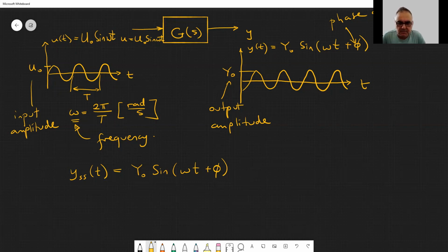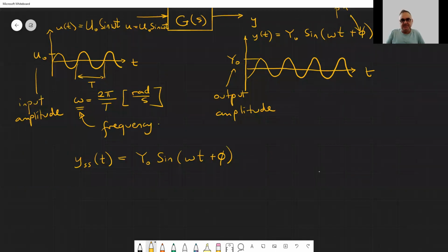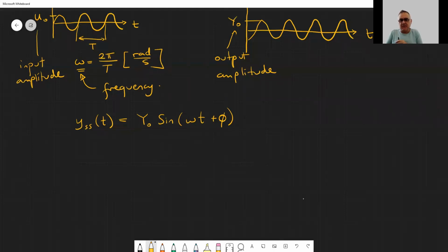Now this y0 has to be related to the system transfer function somehow. As a matter of fact, we will see that, I will not prove this, but I will ask you to believe it for the time being.